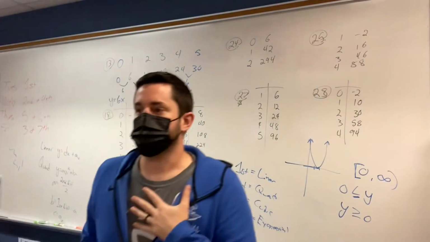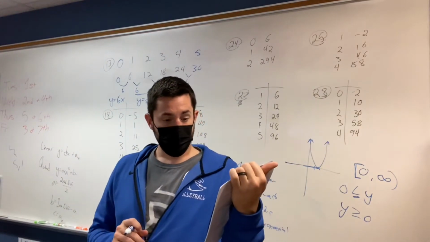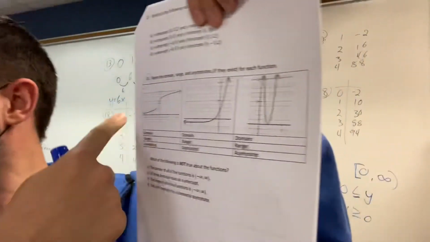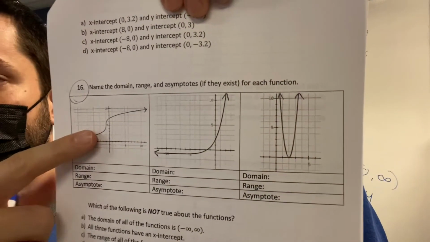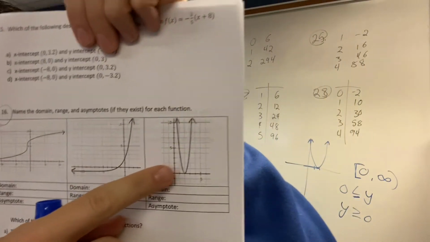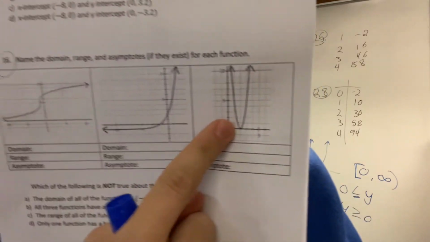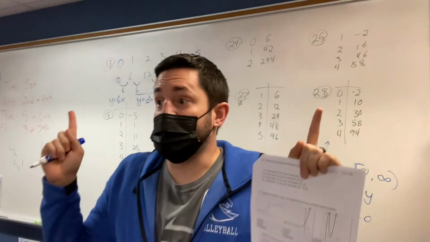My question to you: do they all have a y-intercept? The first one obviously has a y-intercept. The second one does too. The third one does have a y-intercept, but can you see it on the current picture? No, but what's right next to that y-intercept?